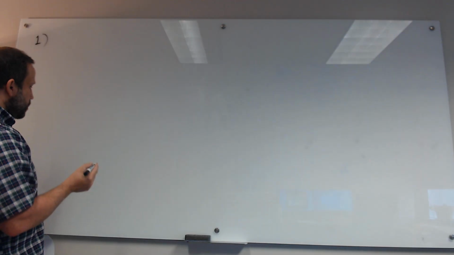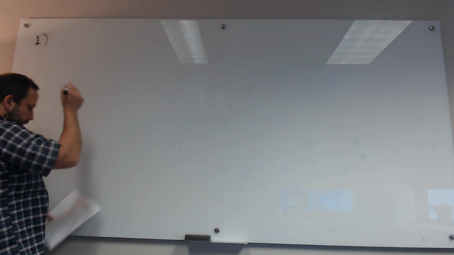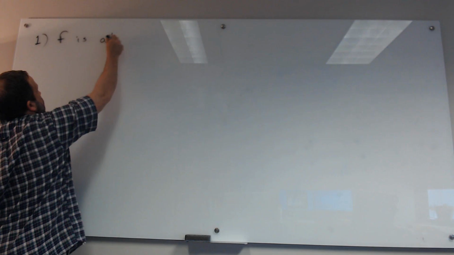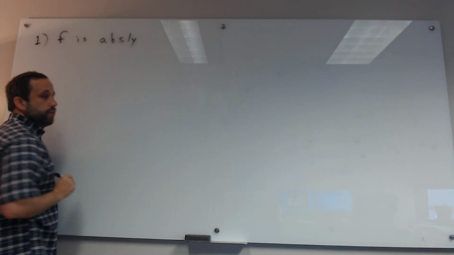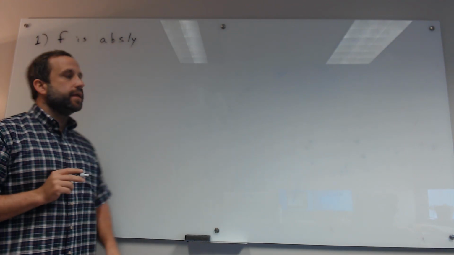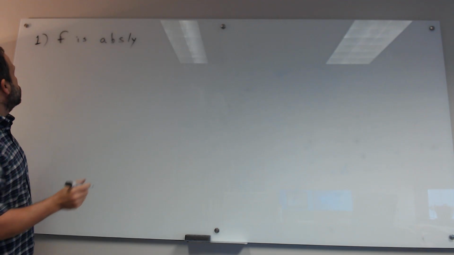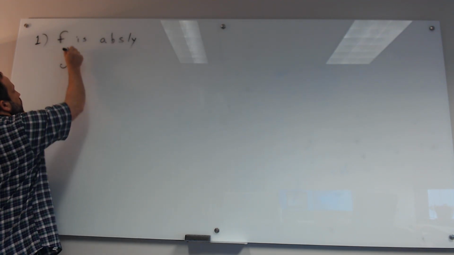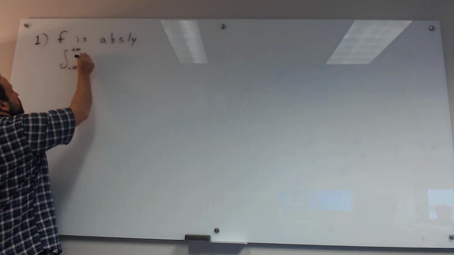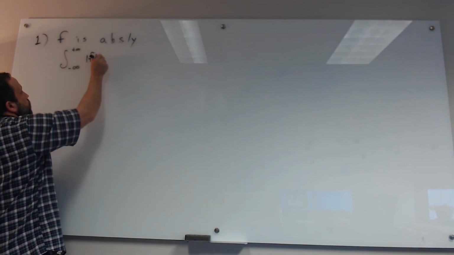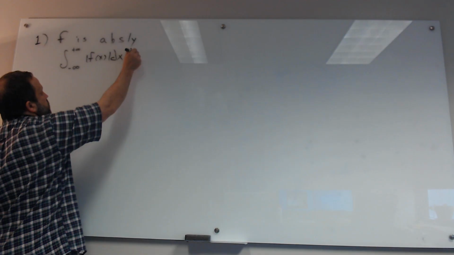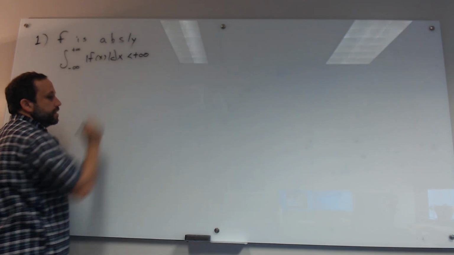So first, we're going to assume that our function f is absolutely integrable. I'm going to abbreviate that also because I'm bad at spelling. Absolutely integrable means that the integral from minus infinity to positive infinity of the absolute value of f of x both exists and is less than infinity.